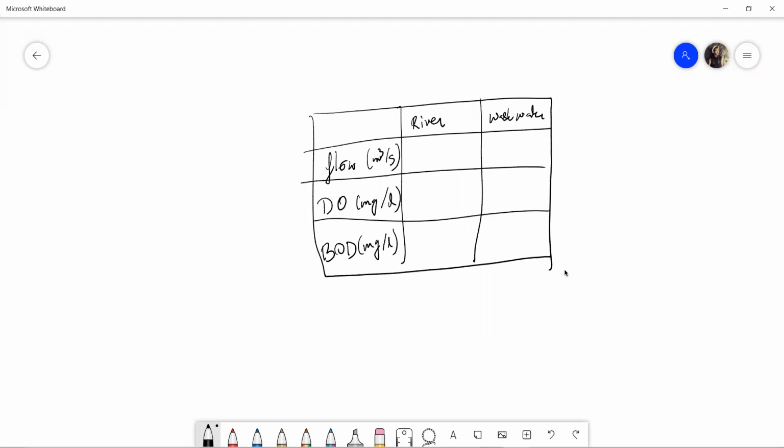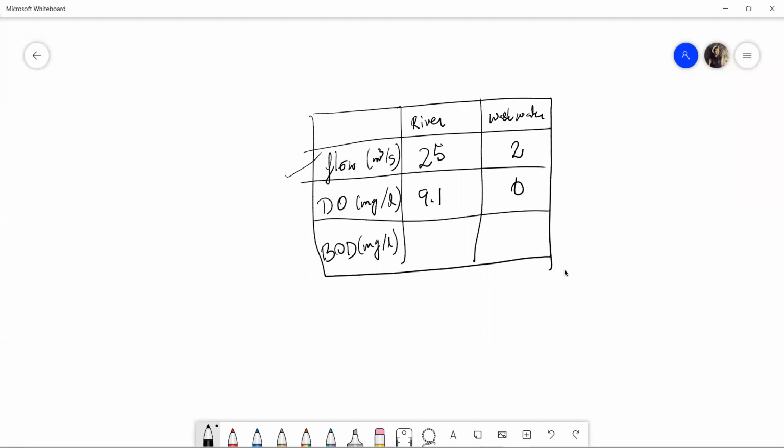Flow of river is 25 meter cube per second, wastewater is 2 meter cube per second. Flow means discharge. DO of river is 9.1, wastewater DO is 0.